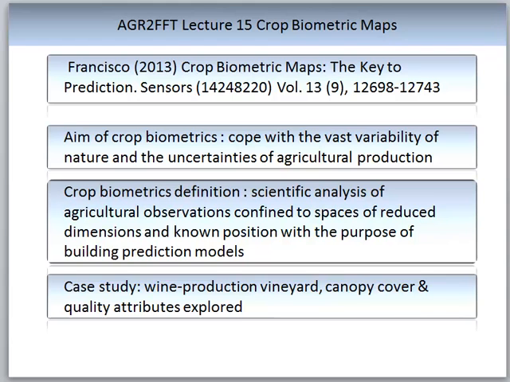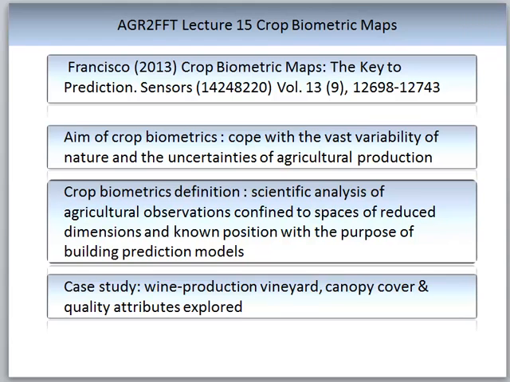Francisco, 2013, published a paper, an overview on crop biometric maps. It was stated in this paper that crop biometric maps were the key to prediction. The aim of the research was to investigate how to cope with the vast variability of nature and the uncertainties of agricultural production.